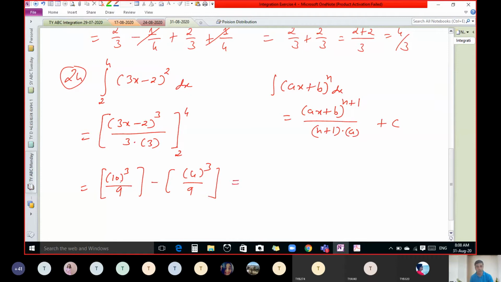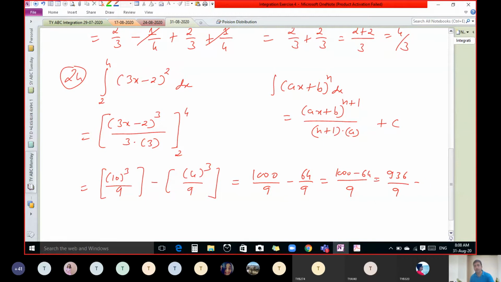Okay, so what do we get as the answer? The answer is 1000 divided by 9 minus 64 divided by 9. If we take 9 as LCM, we get 1000 minus 64, that is 936 divided by 9. The final answer is 104.